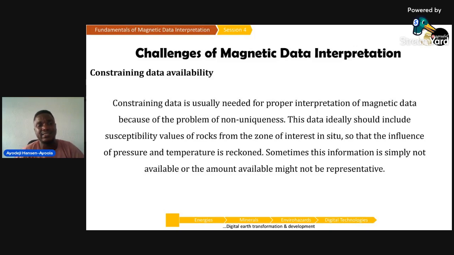But in reality, this information is not always available, perhaps for lack of funds, or because some of these sources of interest are far removed from the surface, and so it becomes quite difficult to access this constraining data. It's usually a huge problem where modeling is concerned, when one wants to be closer to accurate results. It is a challenge, but it's also solvable.